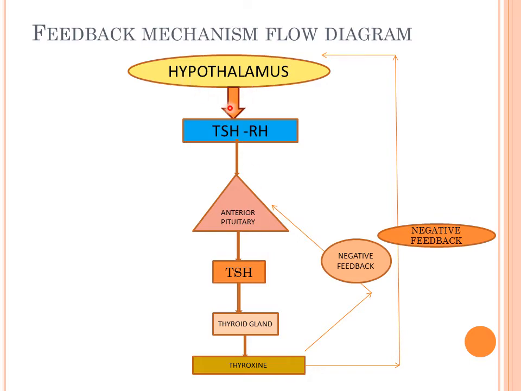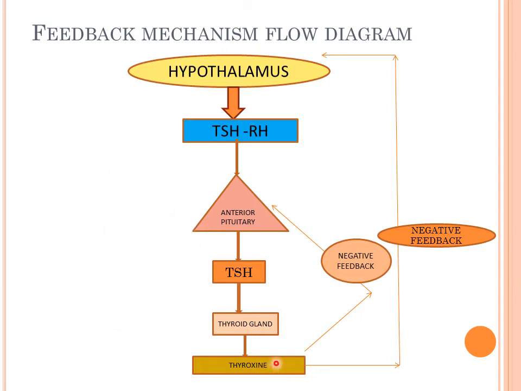Now the hypothalamus is releasing the hormone for thyroid stimulating hormone, which in turn stimulates the anterior pituitary to produce the thyroid stimulating hormone. This TSH activates the thyroid gland to secrete thyroxine. Now if the level of thyroxine in blood is less than normal, there will be a positive feedback to both the pituitary and the hypothalamus.